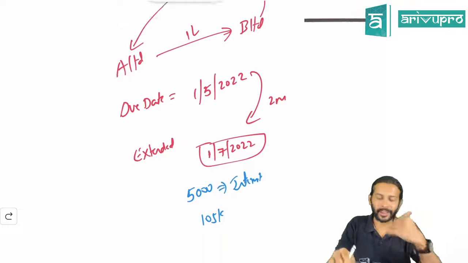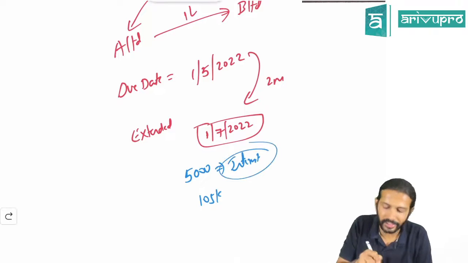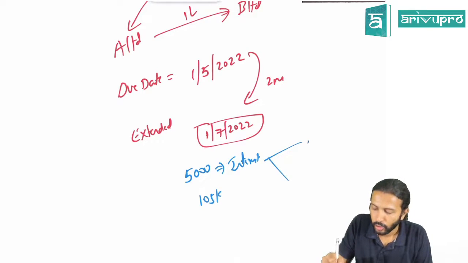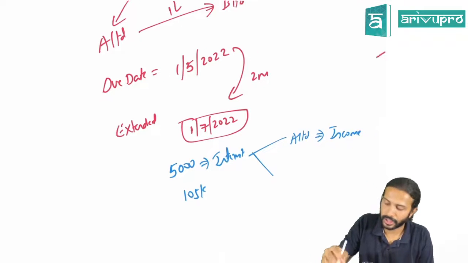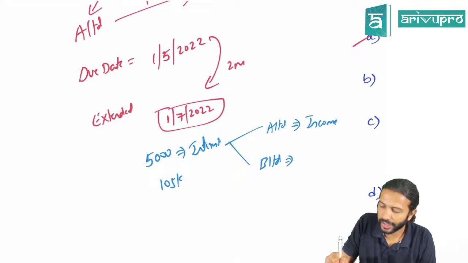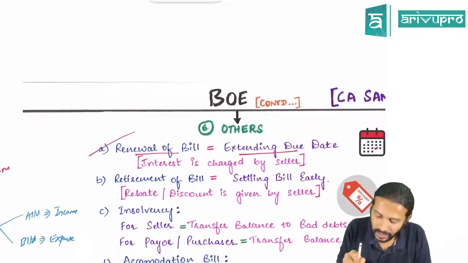For A Limited, this interest becomes an income. For B Limited, who has to pay extra, it will become an expense. This extra amount will come whenever there is a renewal of bill.